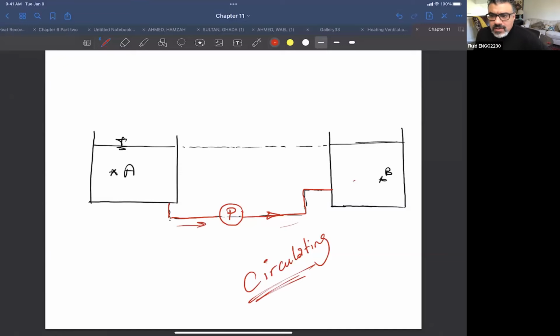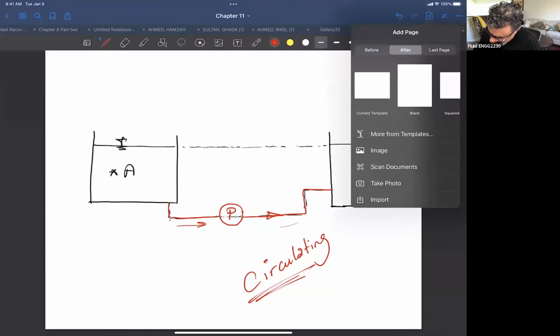For example, in a car, the pump takes the oil from the casing inside the engine, moves the oil through all the engine parts, and then brings the oil back into the same tank. So we're moving the fluid from tank A to tank A again. In this case, the oil pump in any car is basically doing the circulation. So sometimes we need to overcome the losses in the system for circulation purposes, and the pump is doing this circulation inside the system.